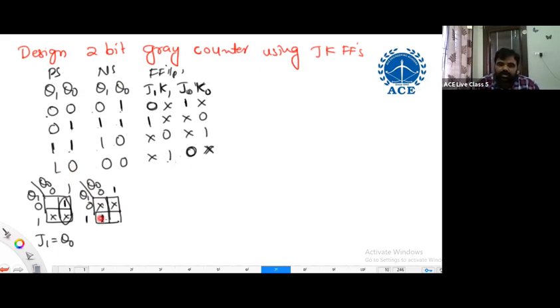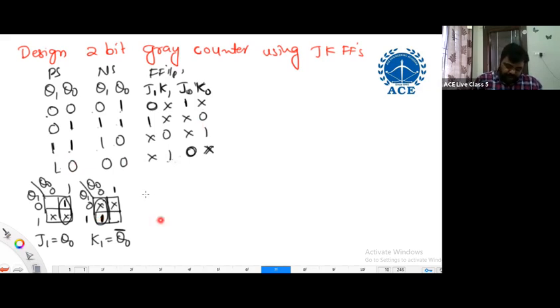So I need to write 1 here. So this is the grouping we get. K1 is equal to Q0 bar. Check it correctly. There is a possibility of making a mistake. Last one is 1. Last one means you may be writing 1 in the wrong place, then it will result in Q0 being wrong. So here it is 1, but the Q1, Q0 present state combination is 1, 0. It is 1, means I need to write 1 here.